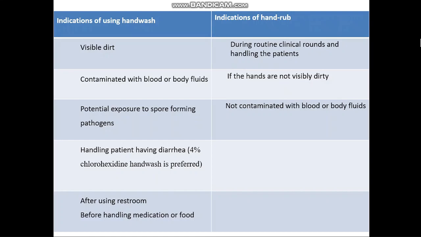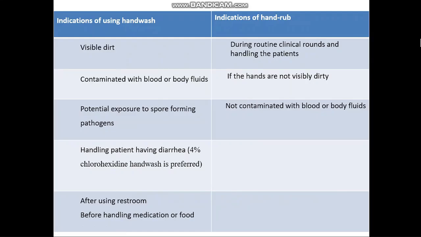Whenever there is contamination of blood or body fluids on the hand, whenever there is potential exposure to spore-forming pathogens like Clostridium difficile, whenever healthcare workers are handling patients having diarrhea, after using the restroom, and before handling medication or food, we should use hand wash.